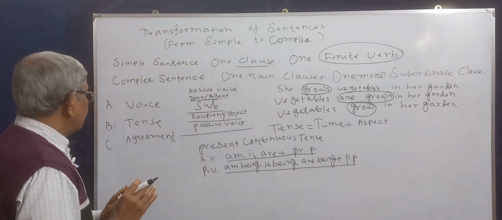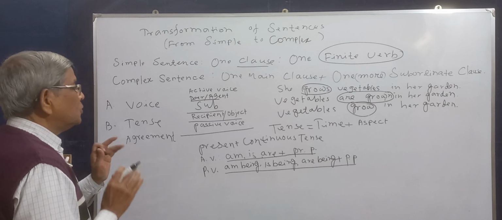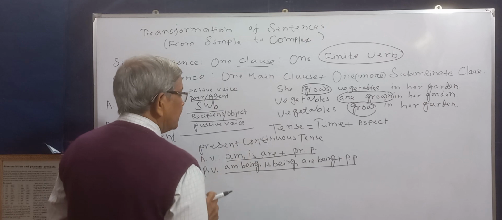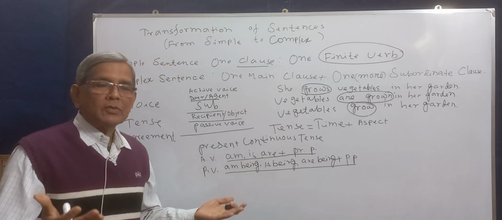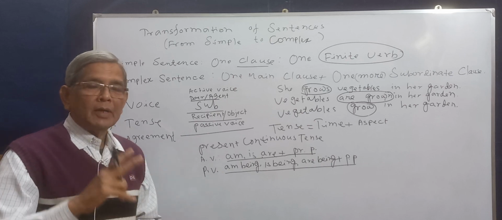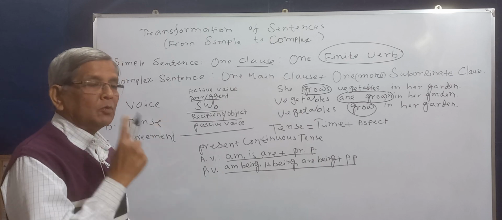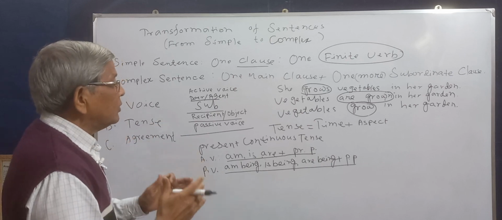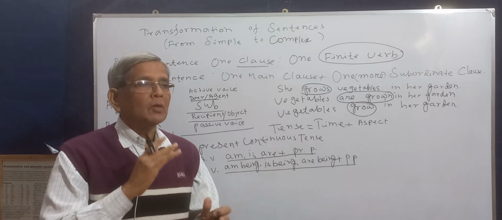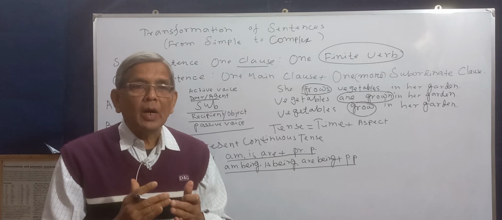And then finally, we have to choose one from amongst these three, or maybe there are two in the past tense, there are two, was and were. In the present perfect, we have have and has. In the past, we have one. So when there is only one form, we have no problem. There is no question of choosing one.